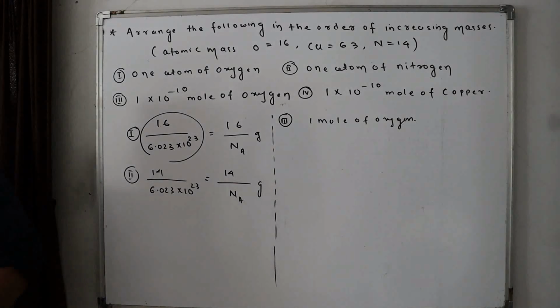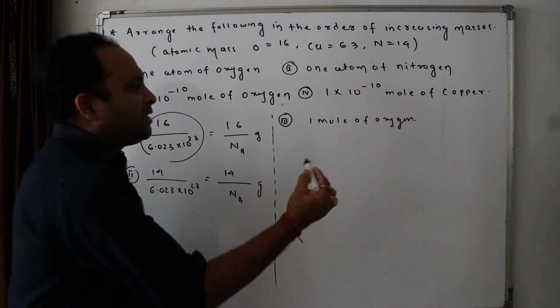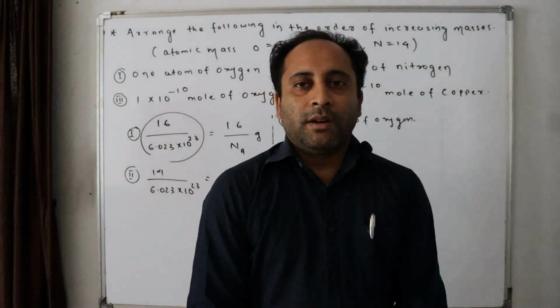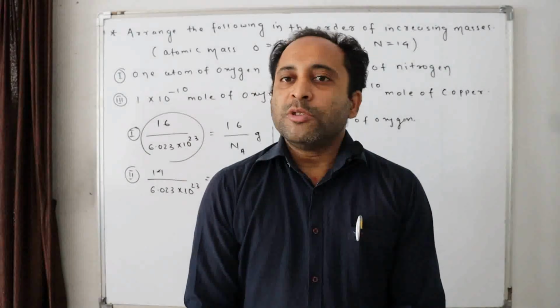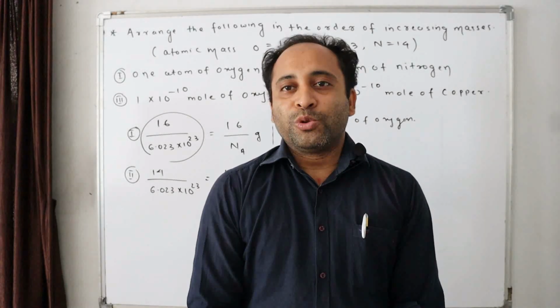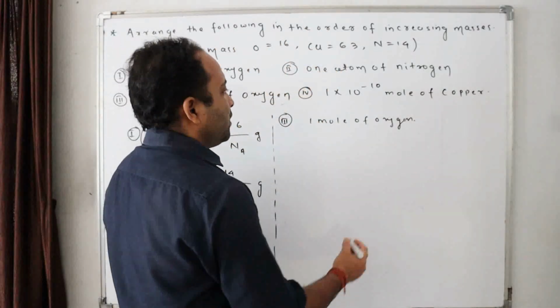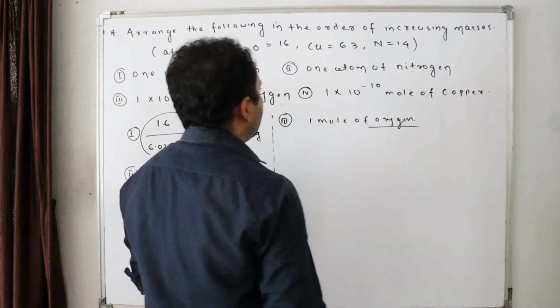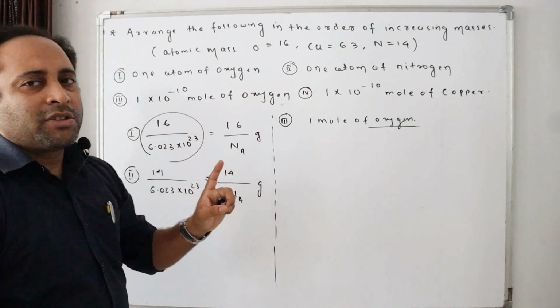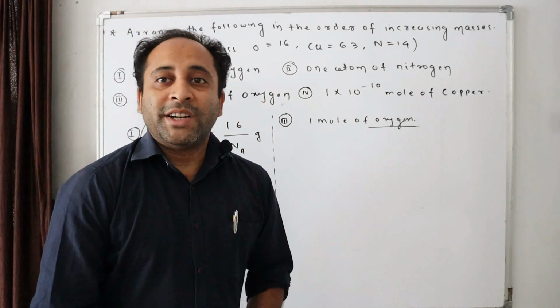In that case, always take the form existing in the normal atmosphere. In the atmosphere, oxygen always exists in O2 form. I told you in the previous lectures also. Never take this as an atom. Oxygen always exists in molecular form, that is O2.